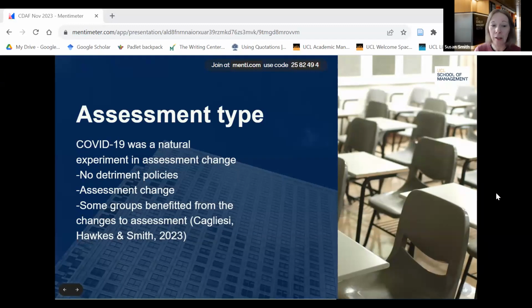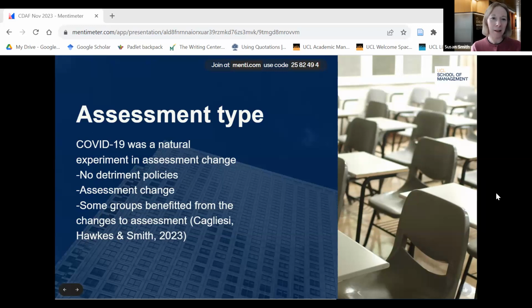And what we found was that some groups benefited from the changes to the assessments, but not all groups. And of course, I think the one qualifier I'd like to put on this work is that it looked at that sudden change. And of course, there may have been other things rather than just the assessment mode contributing to students performing better on certain types of assessment.